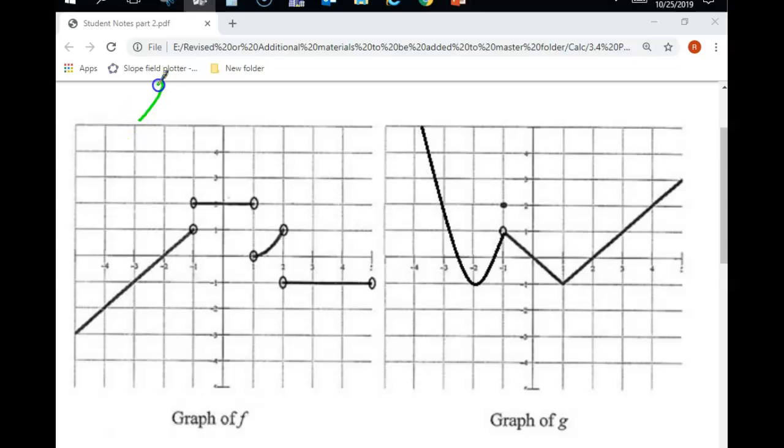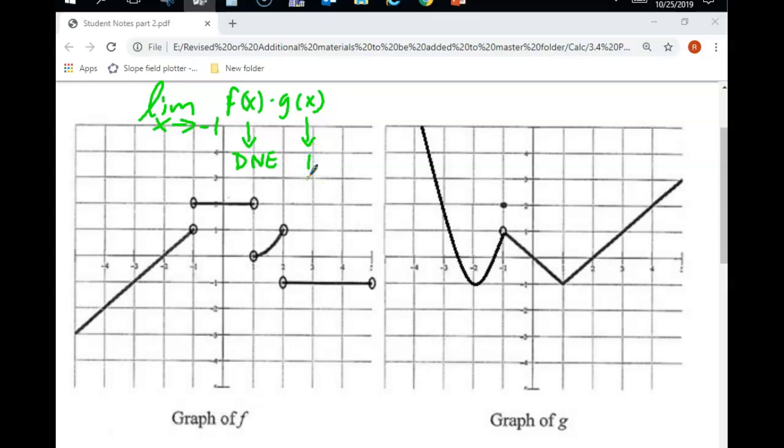On number 2, we have the limit as x is approaching -1 for f of x times g of x. What do we get for that, Matt? Okay. You're right.